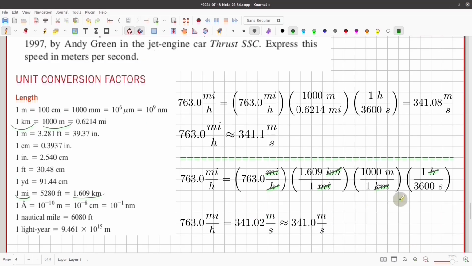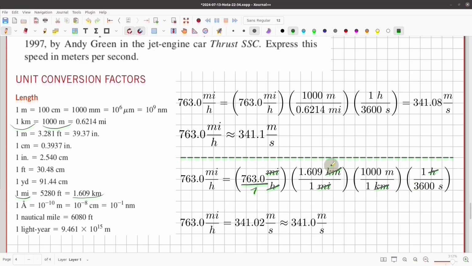Now it's time to perform the multiplication. On the screen we have our original value, 763.0, multiplied by 3 fractions. To make the calculation clearer, let's express our original value as a fraction as well, by simply putting it over 1.